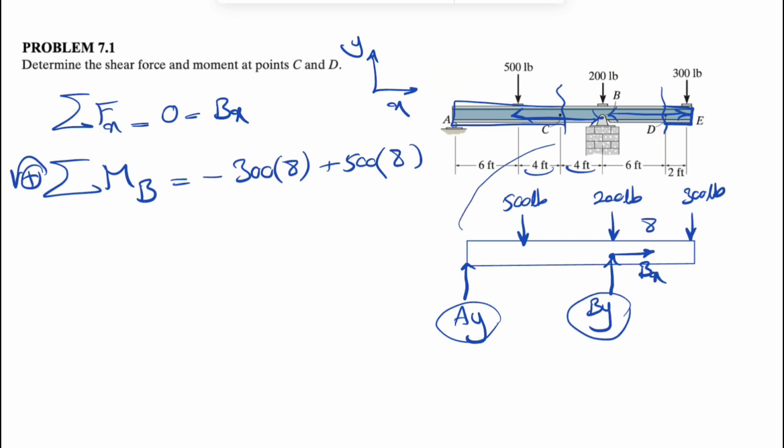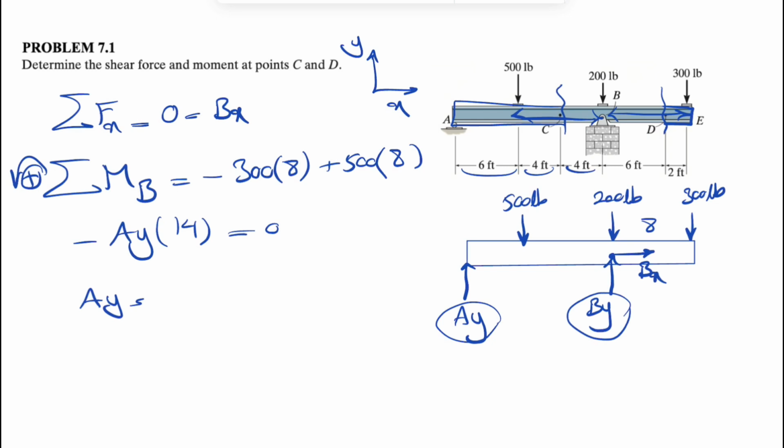And we have the moment of AY about B. This one's also clockwise, so negative, minus AY, and the distance is from A to B, which is 4 plus 4 plus 6, or 14. So this will be equal to 0.